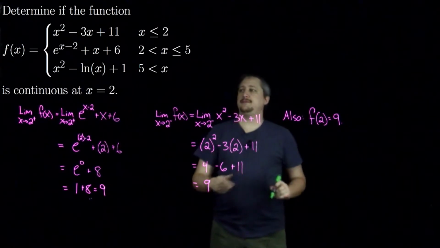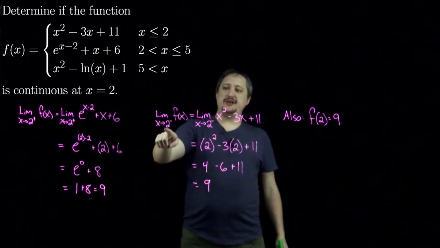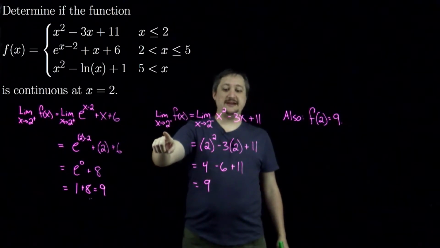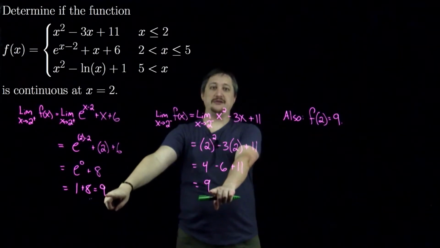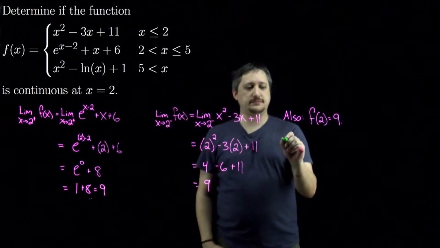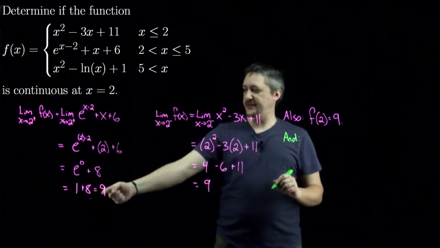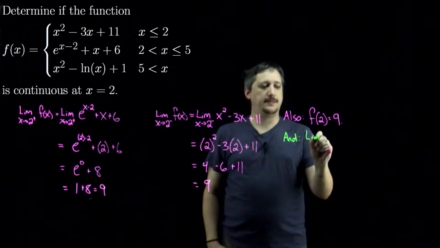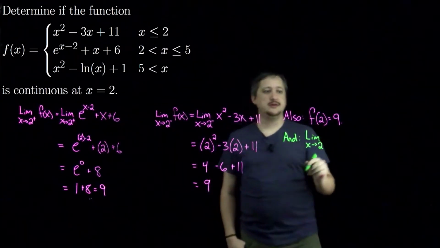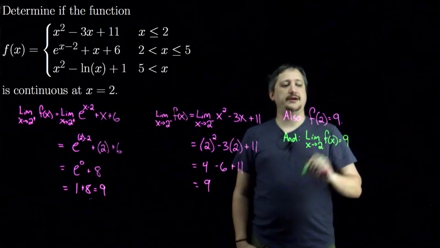But this now shows me, right, that the limit as x approaches 2 from the right is the same as x approaching 2 from the left. That tells me the limit exists and equals what they equal. So the limit equals 9, right? And since these two are the same, the limit as x approaches 2, not left or right, of f of x equals 9.